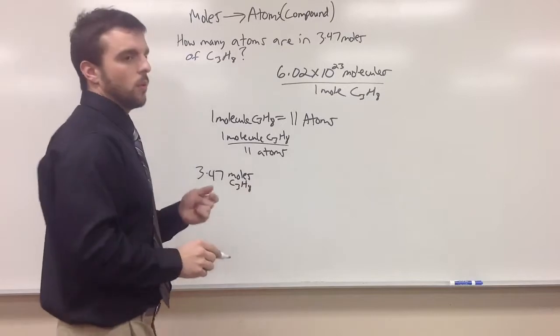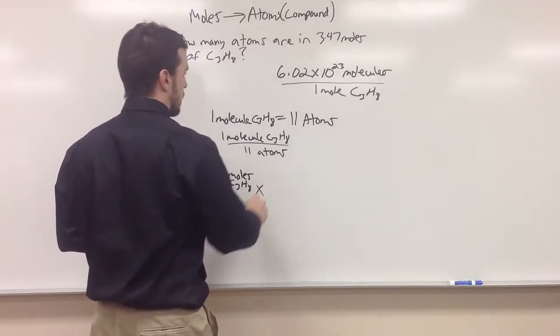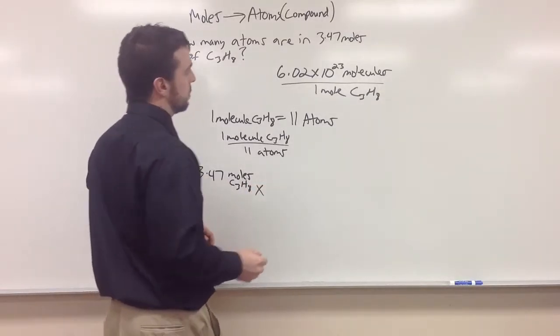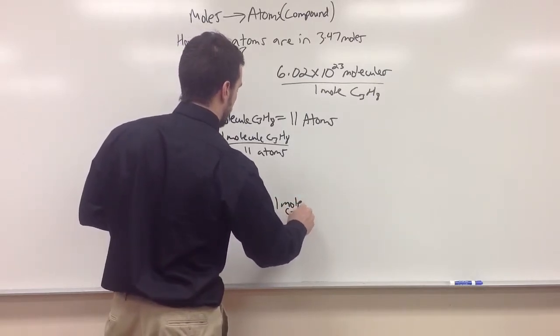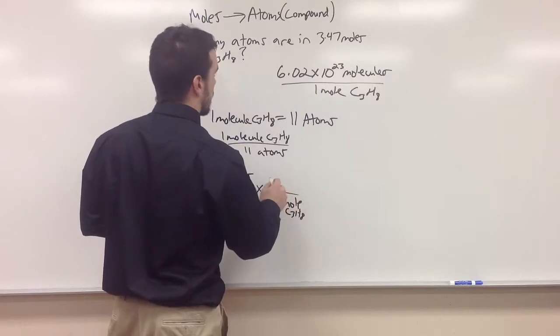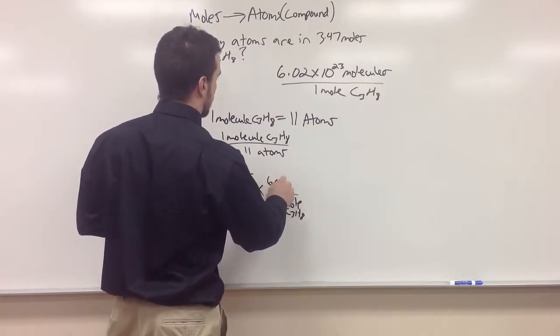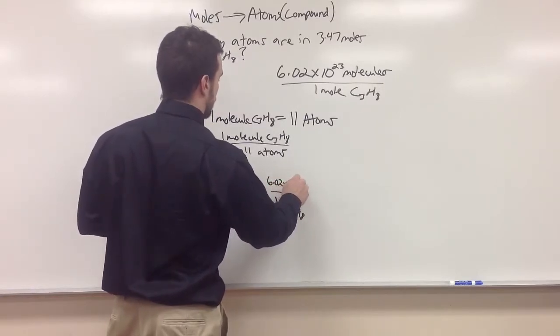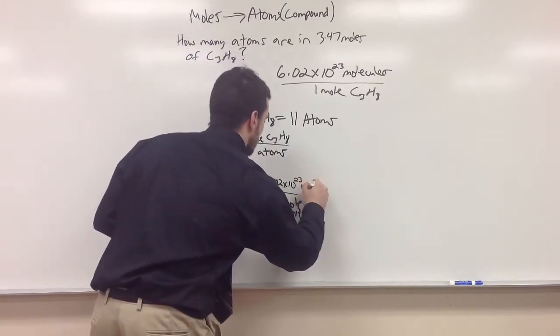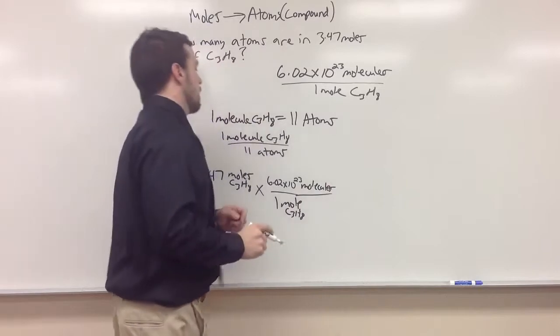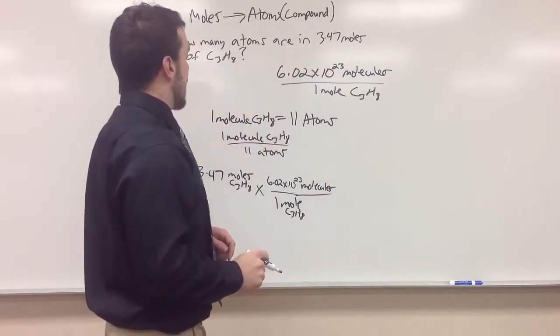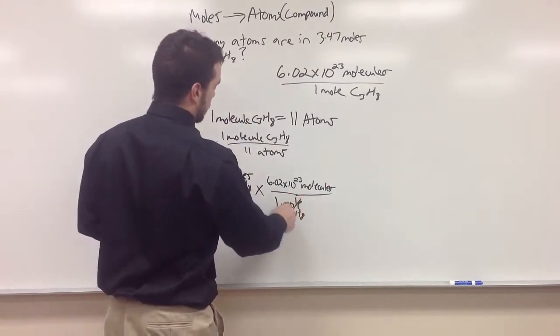Okay, we start out with our moles. Now we want to get to molecules, cancel out the moles, so we need to put the moles down here is equal to Avogadro's number. Have molecules. And then it asks how many atoms, because right now we're at molecules, the moles cancel out.